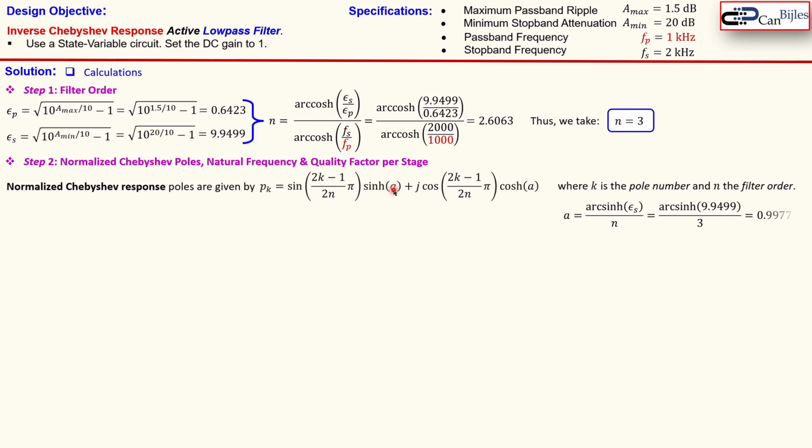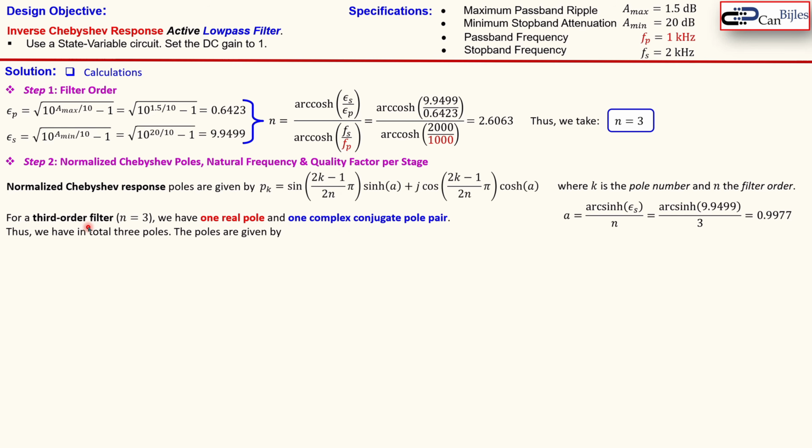There is also a parameter A here in order to make this formula readable, so it is actually a larger formula. You see here again this epsilon S appearing and the filter order. We can already substitute the values to calculate this A, and that will result in 0.9977, almost 1.